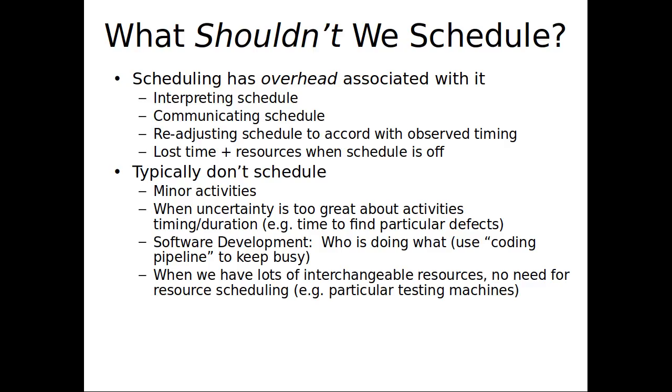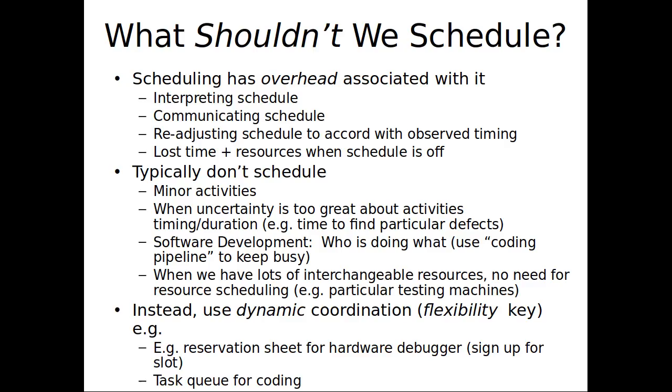You have a dynamic scheduling going on where, if you finish up one task, maybe you get assigned another on the fly rather than pre-scheduling it. But what you can schedule is broad lines of work so that you can coordinate more effectively.